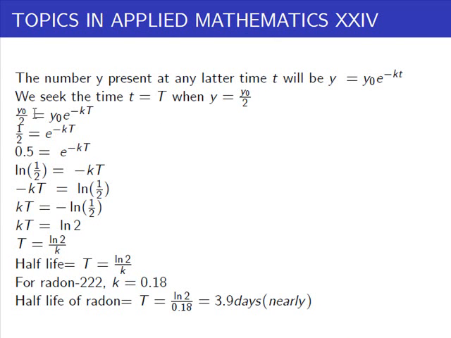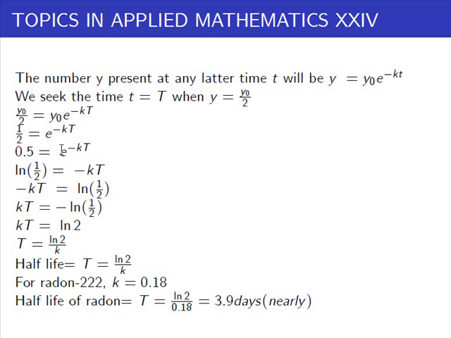Now cancelling y naught on both sides, we get 1 by 2 is equal to e raised to power minus kt, and 1 by 2 is 0.5 is equal to e raised to power minus kt.